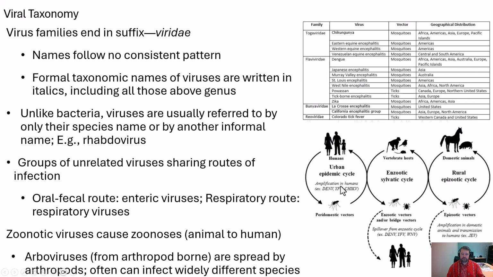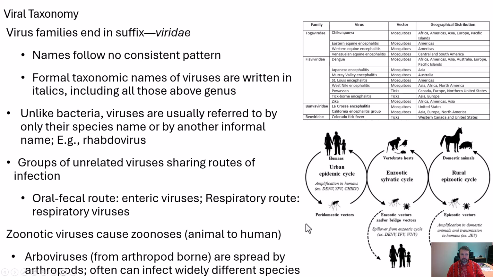Then you have a series of viruses that are known to humans, and they happen to stay within the human population and just rotate between different humans, and we call those peridomestic, and that just means that we have a vector that can just circulate this between individuals, humans, and sometimes they're called urban epidemic cycles, but it's peridomestic vectors, which just tend to circulate within human populations.